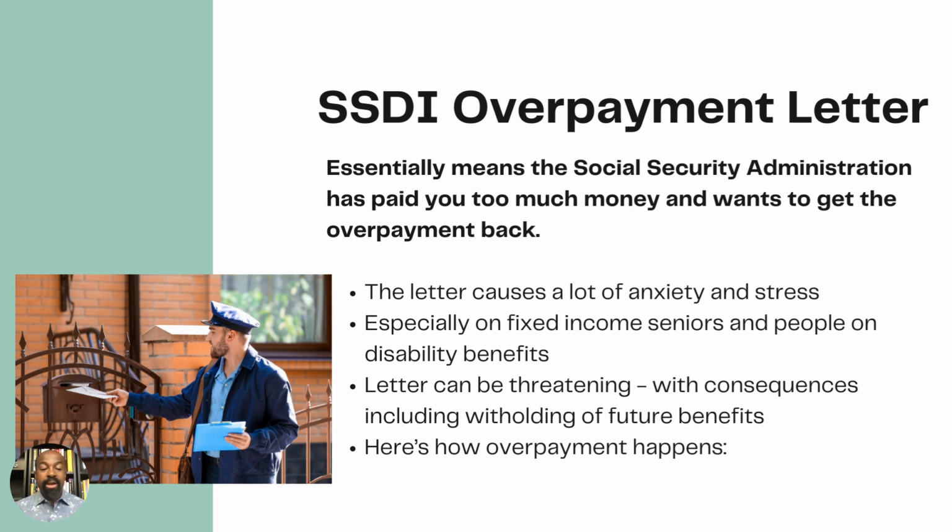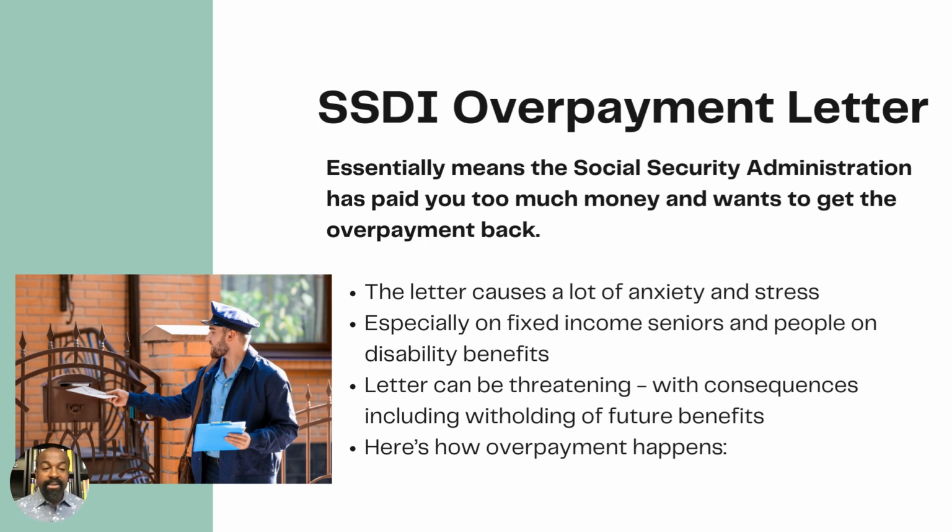And typically, what happens is that the Social Security Administration will send you a letter. And this letter is the source of anxiety for a lot of people because a lot of people receiving these letters are on disability benefits or they are seniors on fixed income. And the letter is threatening because it comes with consequences of what will happen if you do not pay.